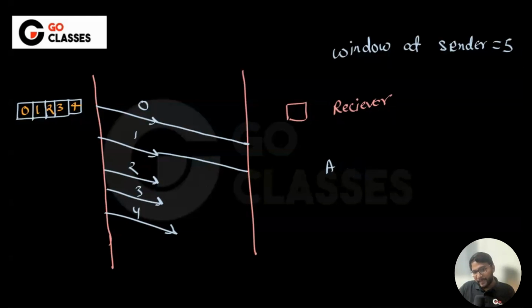So here, can the receiver just send ACK2, saying that I have got 0 and 1 both? So what does this ACK2 mean here? Do you really need to send ACK1 here? Do you really need to send ACK1 and ACK2, or is just ACK2 fine?